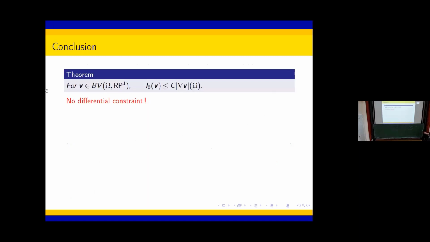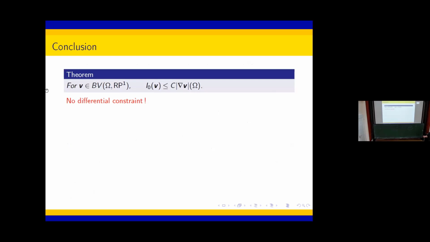In fact, what happens is that we have proven that the gamma limit for BV is controlled by the BV norm, so the measure of the gradient of V. So we can admit anything, but the most important thing is that we have lost the differential constraint.